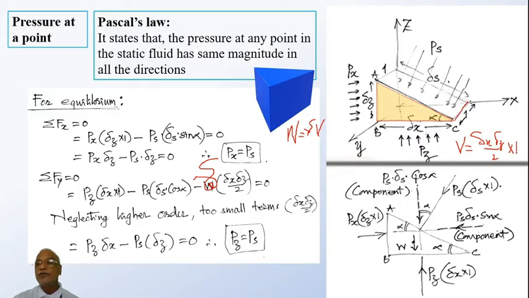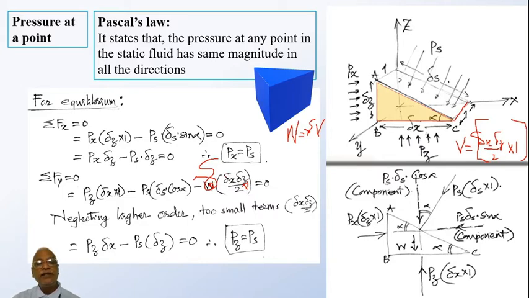This gives you the overall volume of the element, the volume of the prism ABC. Here the multiplication by 1 is silent, hardly making a difference as far as the value is concerned. So gamma, the unit weight, multiplied by the volume gives you the weight.